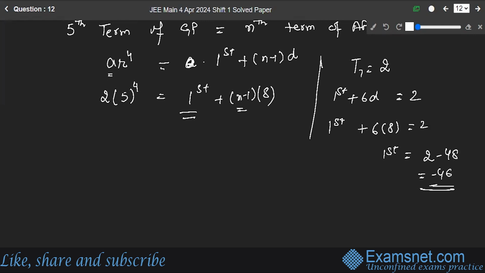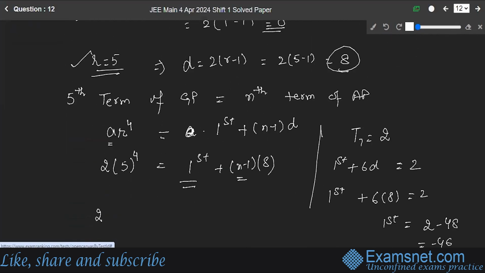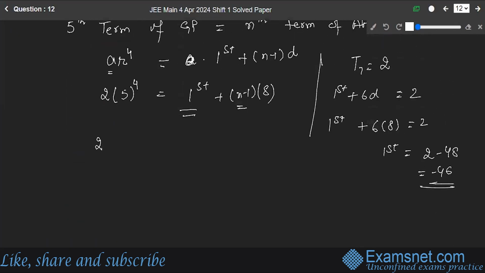So this gives me 2 into 5 power 4, which is actually 625. Let's write on that only. So you have 6 into 2 into this is equal to minus 46 plus 8 and minus 1.